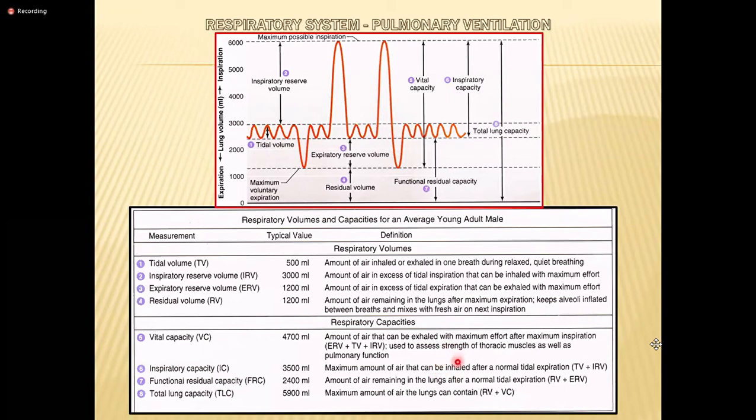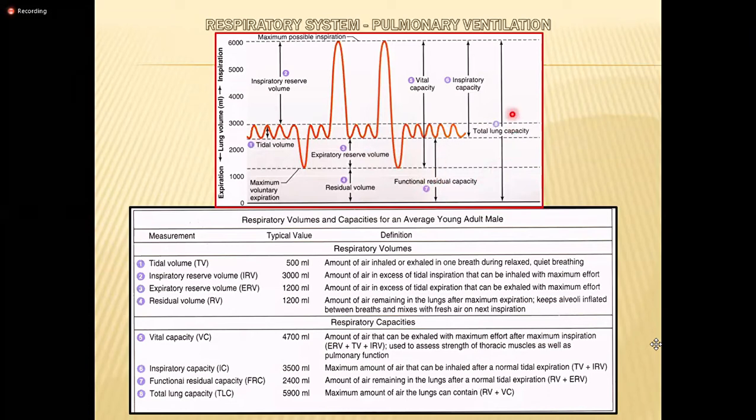This is the amount of air remaining in the lungs after a normal tidal expiration. So when your lungs are in the relaxed state, this is your functional residual capacity. It is equivalent to your residual volume and your expiratory reserve volume.